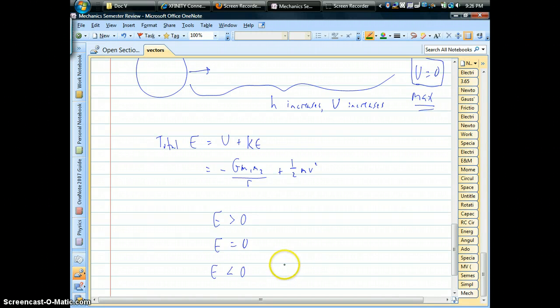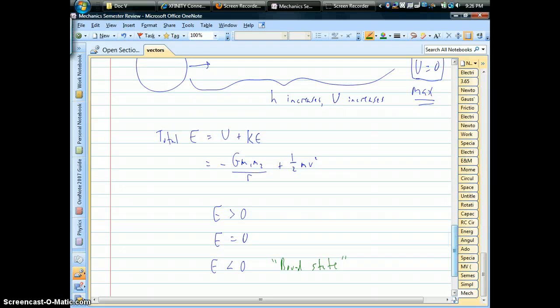If gravity wins, if your energy is negative, we call this the bound state. In other words, you're not going fast enough to break free from the Earth or whatever it is you're trying to escape from. The gravity is going to slow you down, stop you, and then pull you back. Okay, if you're in an orbit, for example, you would be bound by gravity. Your energy should be negative for that.